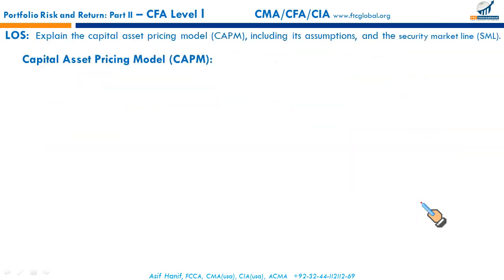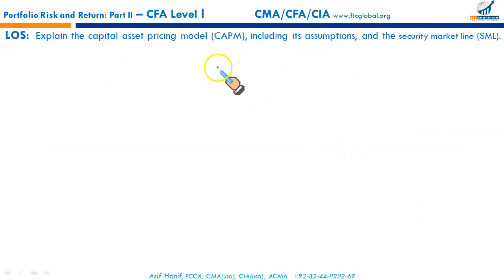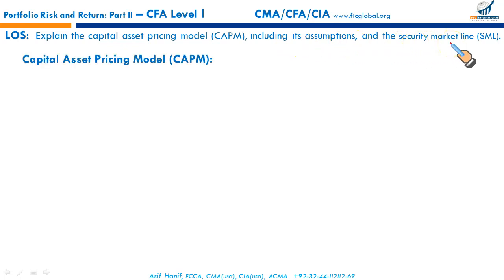Next we have explain the capital asset pricing model, including its assumptions and the security market line. What is the capital asset pricing model all about? CAPM is a model to ascertain the expected return of a security or an asset.